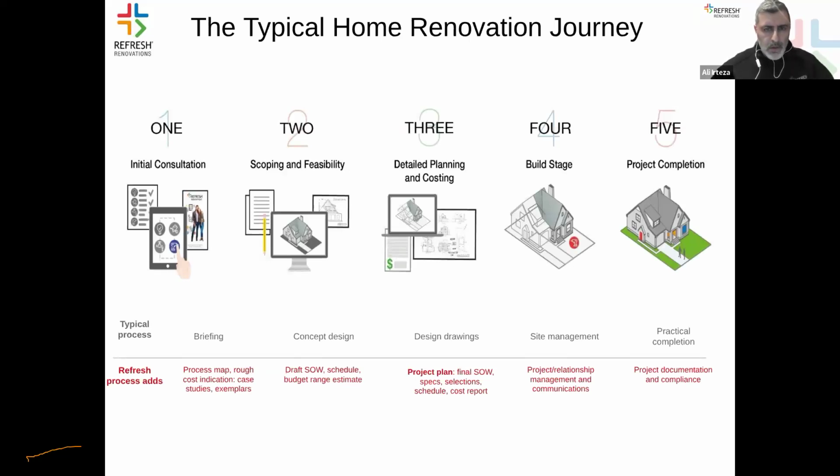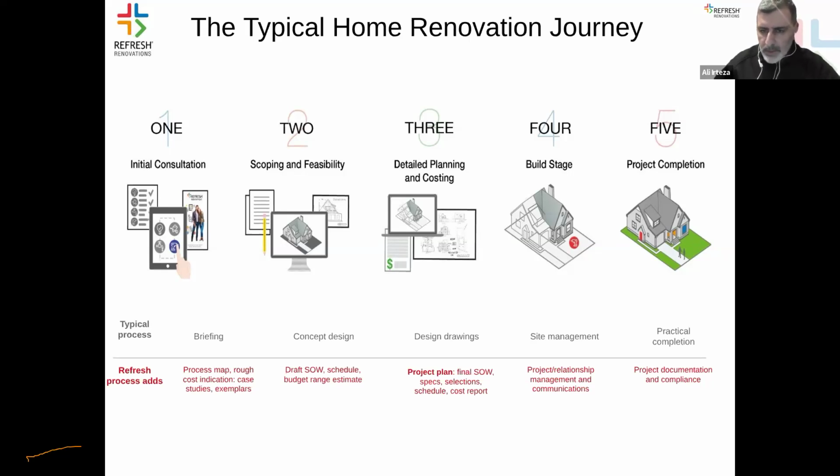Now, when Refresh works with clients, we typically take our customers through these 5 steps. Of course, starting with an initial consultation on site, where we can understand their vision and then get a grasp of what they're trying to achieve. The next step is typically to create a scope of work and give them an estimated range of costs so that they can understand whether the project and their budget are aligned or not. If this step is fine, then the next step is to undertake the detailed planning and costing stage.